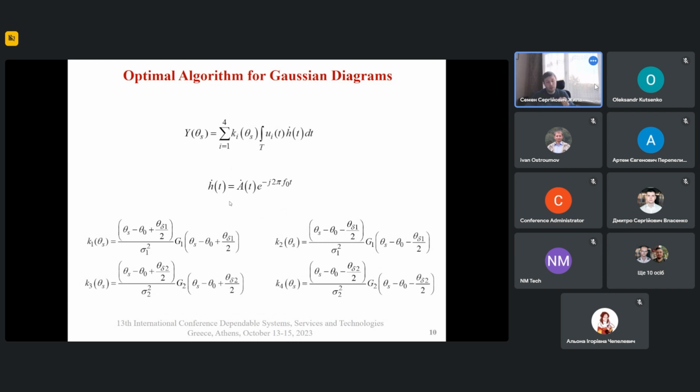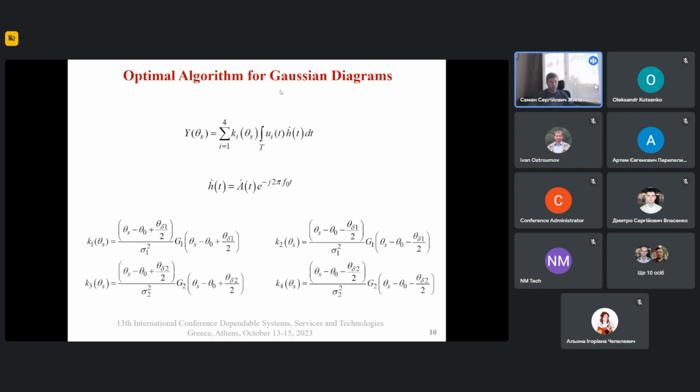We have to find a pulse characteristic that is matched to the complex envelope of the signal and frequency. Then we have to convolve all the received signals against the noise in every channel. Then this measured power we have to weight, to make the sum with some coefficients, and these coefficients are proportional to the antenna diagrams.